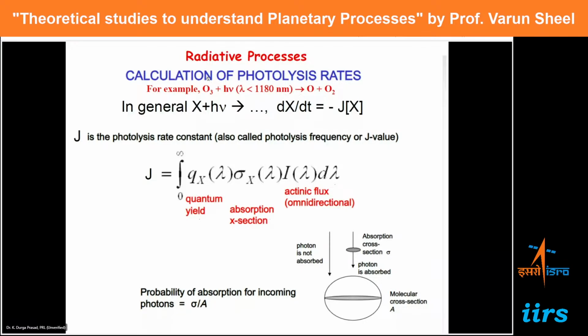Using this, we can calculate the photolysis rates, which is important for calculating the heating of the atmosphere. And why is heating needed? Heating needs to be considered because heating will give additional energy to the atmospheric species, which can give rise to reactions.